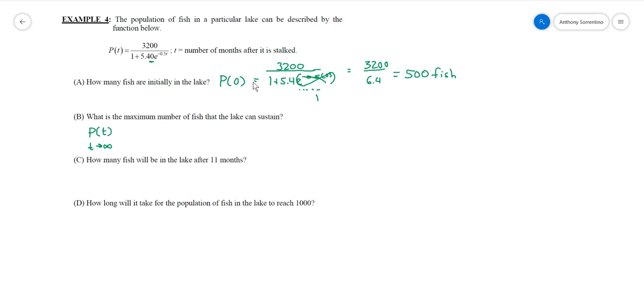Because this function would eventually level off at a y value that I'm not going to go past. It basically does have a horizontal asymptote, and I want to figure out where that is. So I had to think a little bit about this.